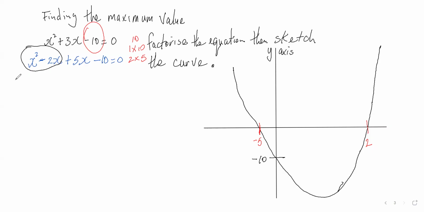Jenny, what's the common factor? The common factor, Carrison, is x. X into x squared.